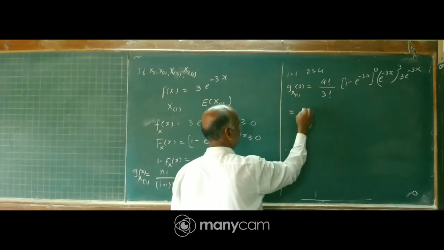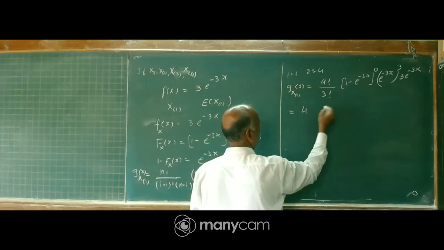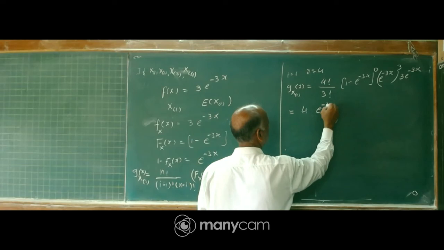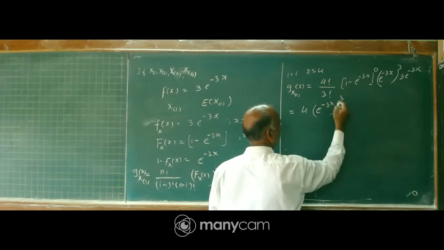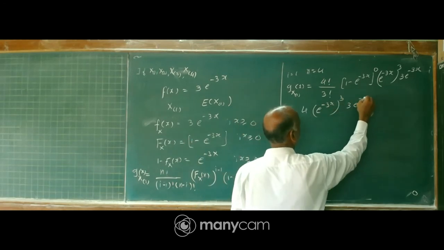So 4 factorial by 3 factorial is 4. This becomes e raised to minus 3x raised to 3, and 3 e raised to minus 3x.